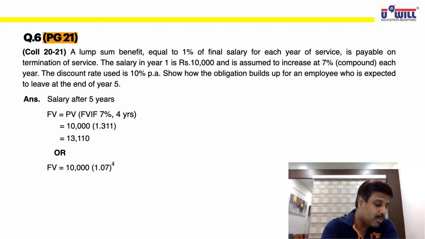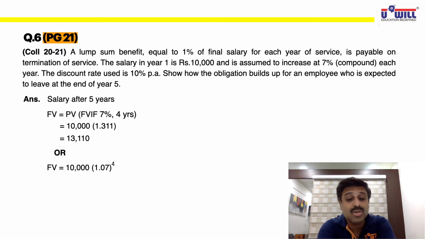So first do 1.07 into equal to 3 times. Do you all get 1.31079? If you round it off to 1.3108 and multiply it with 10,000, then what answer do you get? 13107. Okay, so if you do 10,000 into 1.07 raised to 4, you get approximately 13,106 or 107 rupees.